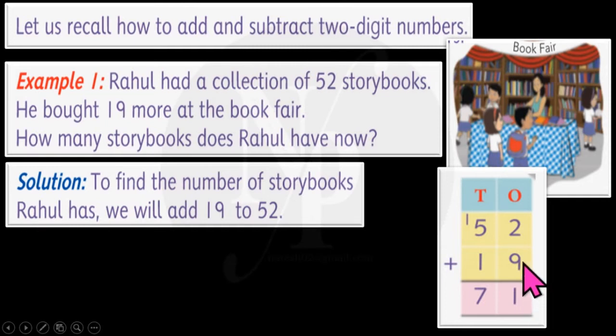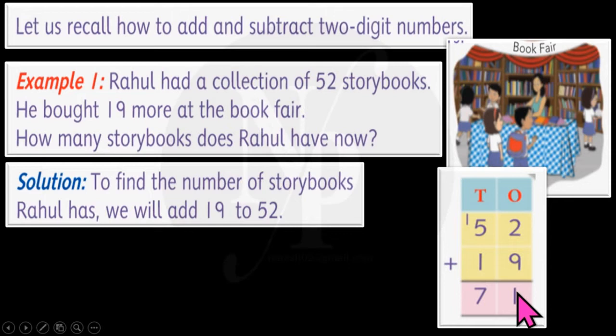For adding, you may use your fingers or you may draw standing lines. Or you can remember 9 in your mind and add 2 to it. 9 plus 1 is 10, 10 plus 1 is 11.